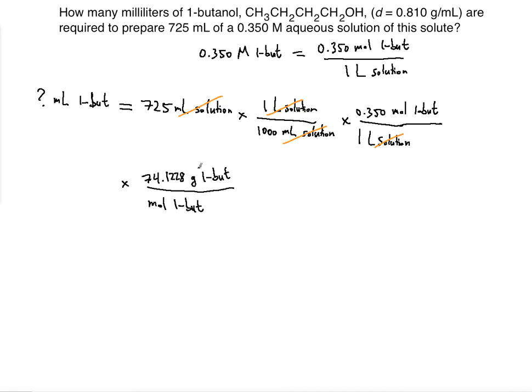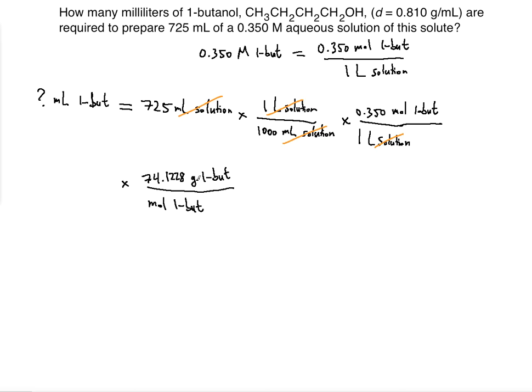And again, you get this by having 12.011 times 4, the carbon, 10 times 1.00794, the formula mass of hydrogen, and then 15.9994. When you add all that up, you will get 74.1228.